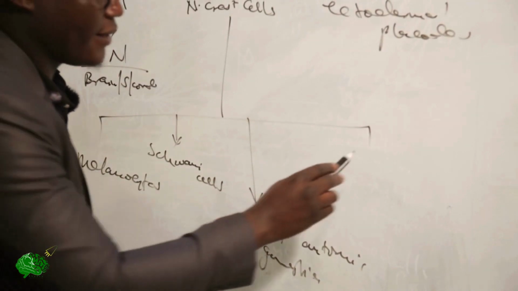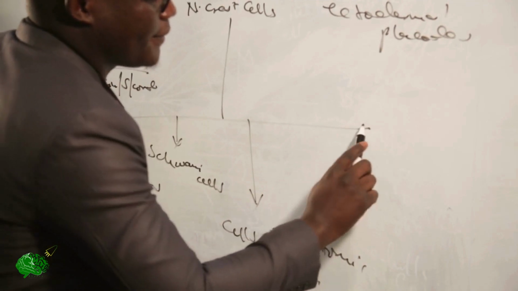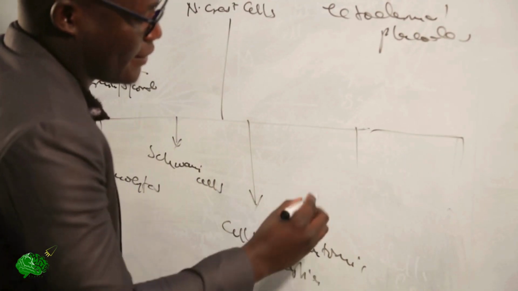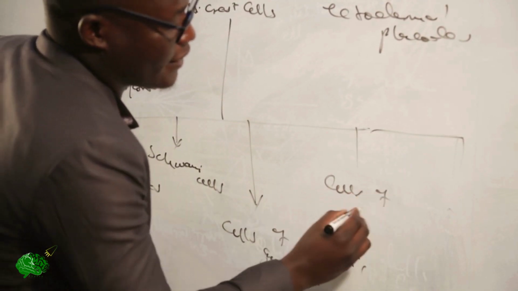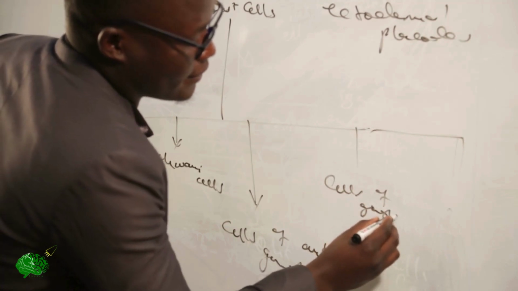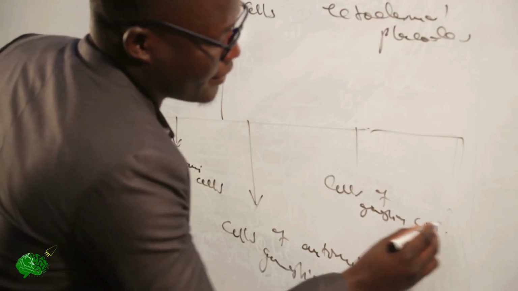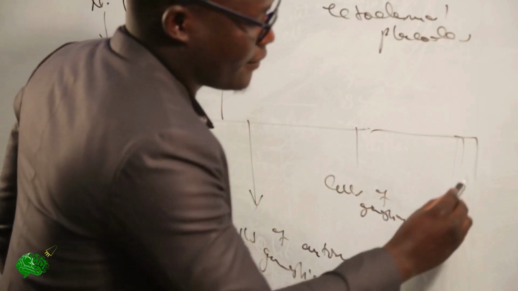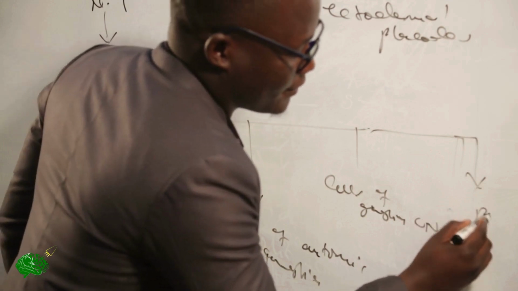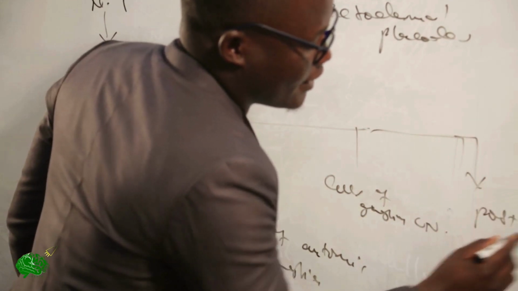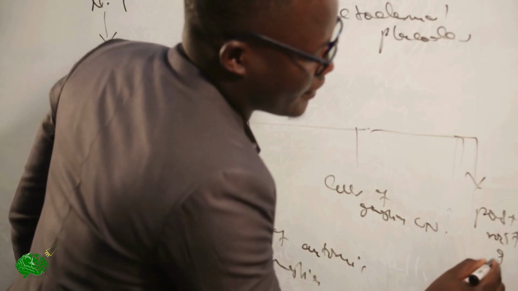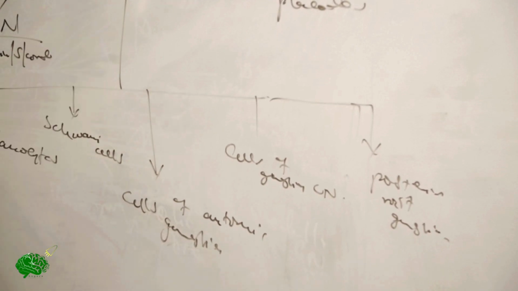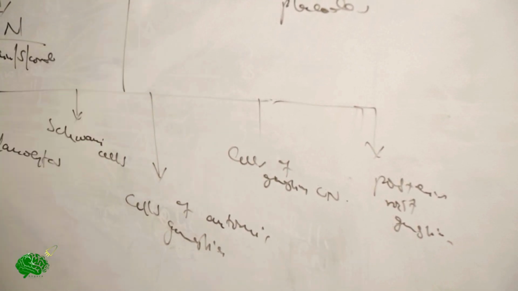It also forms the cells of ganglia of cranial nerves, and then finally it forms the cells that form the posterior root ganglia. That is the fate of the neural crest cells.